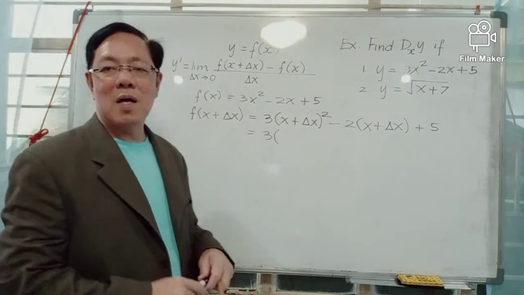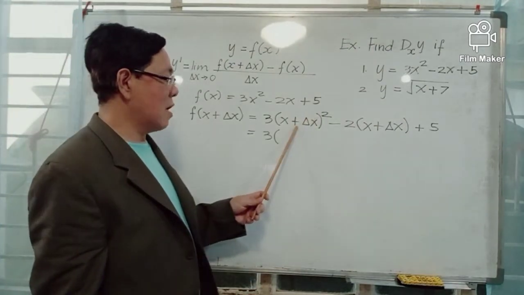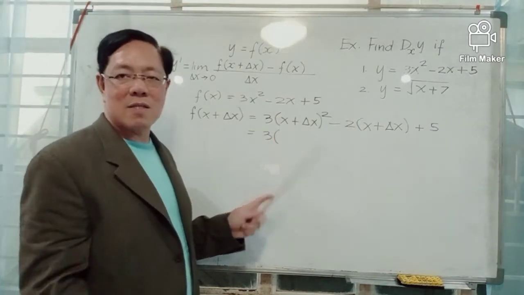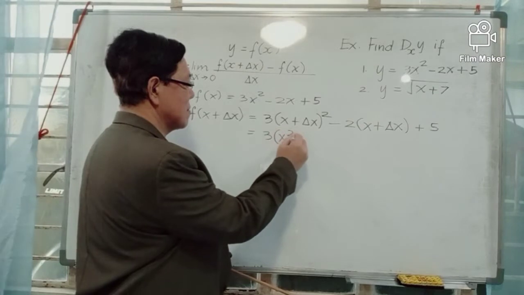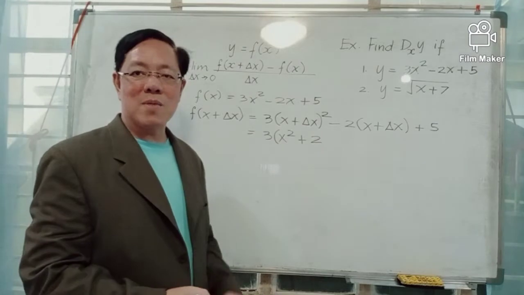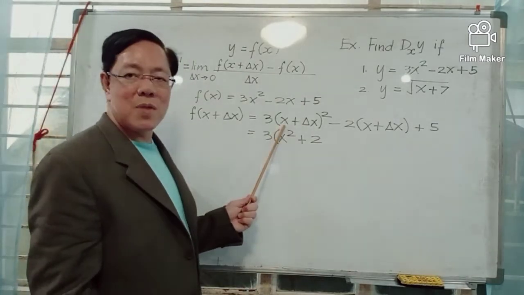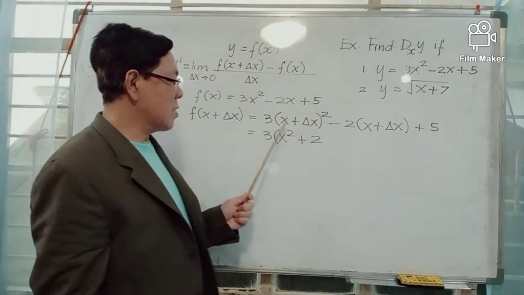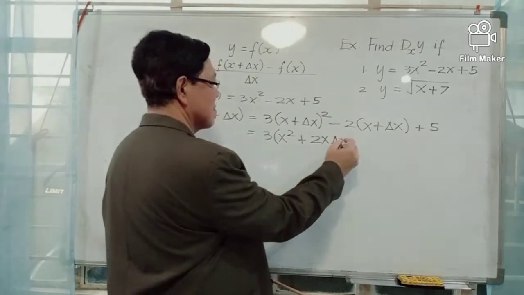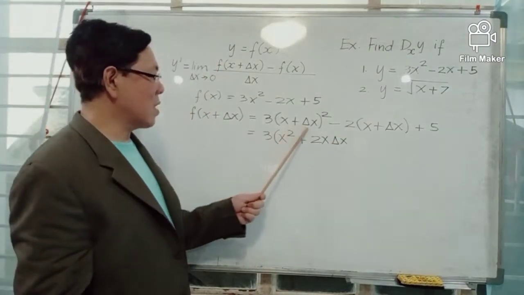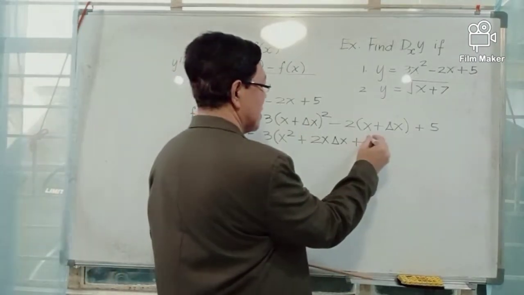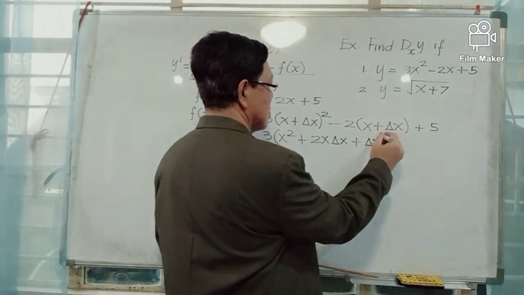The square of x plus delta x equals the square of the first term, x squared, plus twice the product of x and delta x, we write 2x times delta x, plus the square of the second term, we write plus delta x squared.